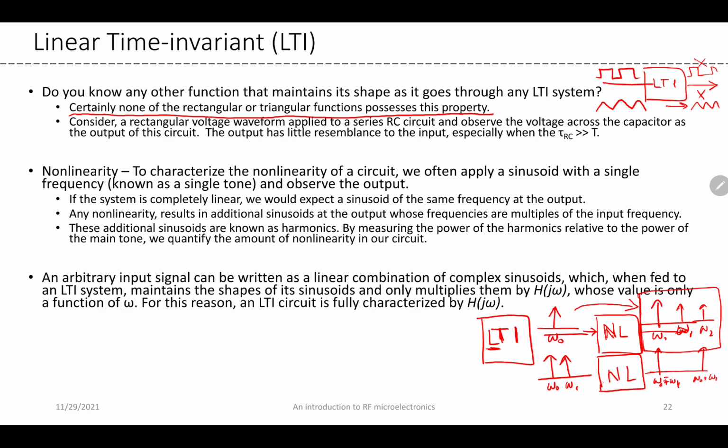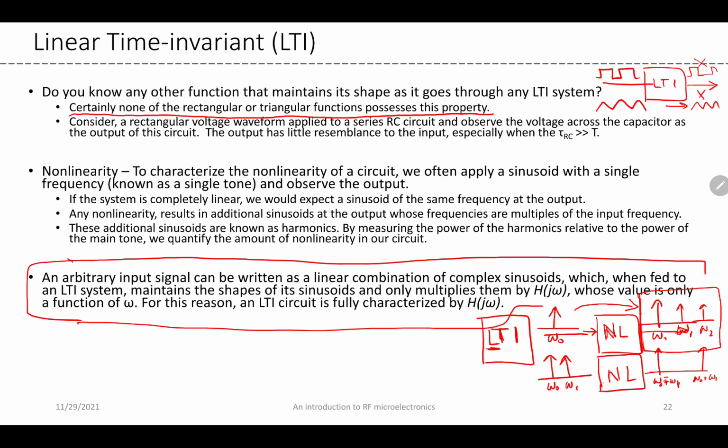And then, as I mentioned, the third point would be that any signal can be formed using sinusoids.